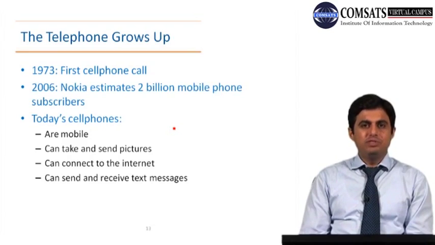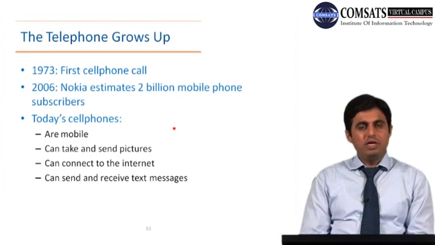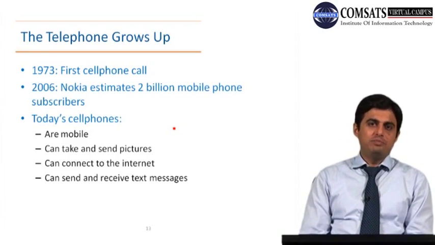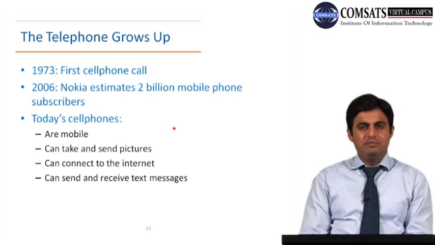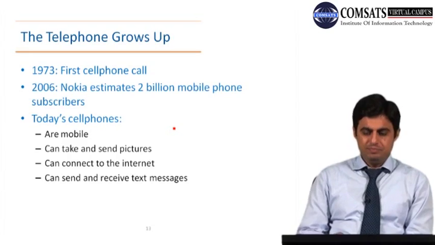So there are multiple uses of cell phones at the moment, and the cell phone has become a prime communication technology which is being used to transfer information from one place to another.